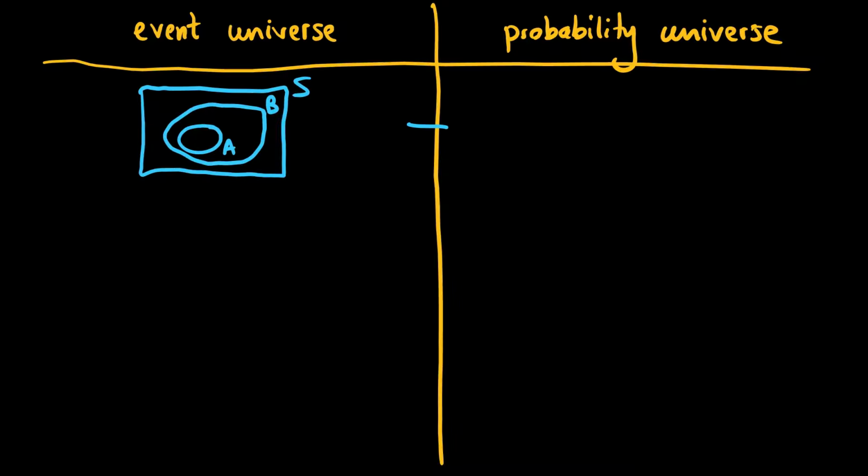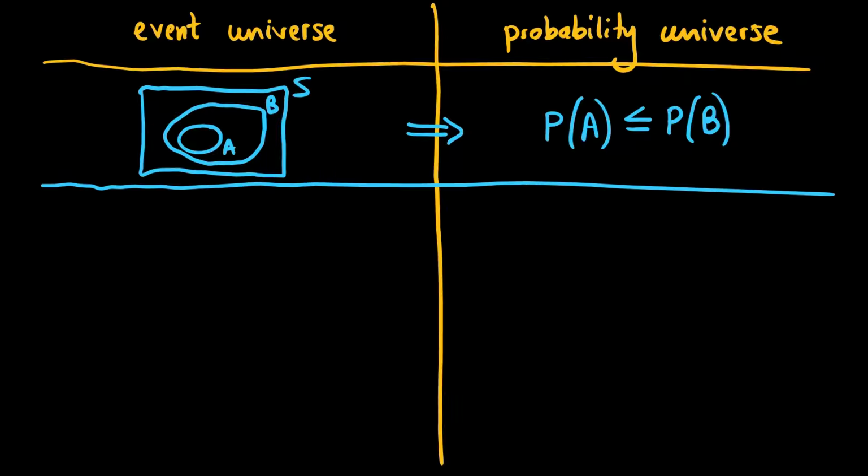But what does that imply about the probabilities of these two sets? And we looked at that and we said, okay, well, in that case, because A is a subset of B, the probability of A, we've shown that it has to be less than or equal to the probability of B. Okay, and that kind of satisfied our curiosity about the probability universe.